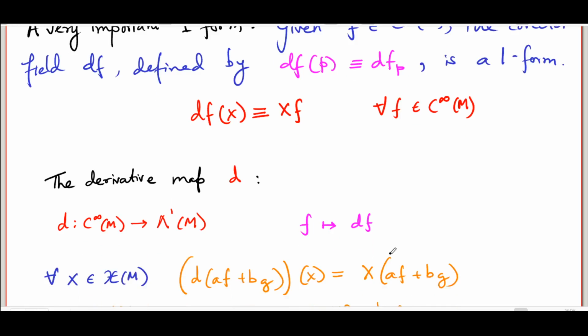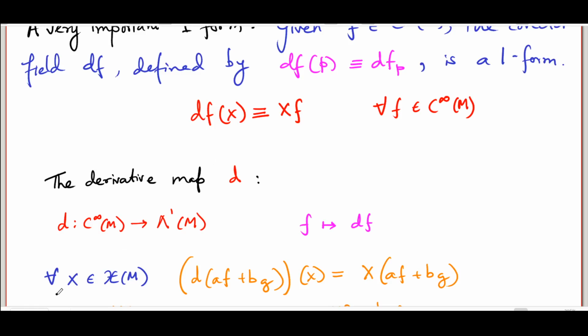For example, take a linear combination of two smooth functions f and g, that is, multiply them by two real numbers a and b, add the results together, and then apply d on that. This is something which we expect to be linear, but we need to check it from the definition. Note that we already have this simple formula that for every smooth vector field X, df acting on X gives us X acting on f.